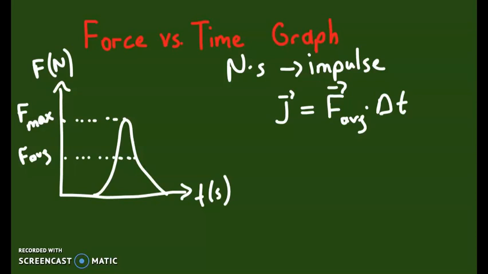Now when we increase the time, I'm going to draw another graph here. The graph will look like this. The area should be the same as in the first case, but when we increase the time, the maximum force is decreased, right?